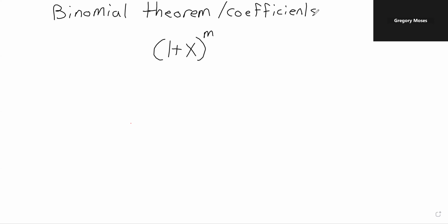So instead of a 1, you have an a, but fundamentally, this is what the binomial theorem says. Skipping the really important parts, the coefficients.